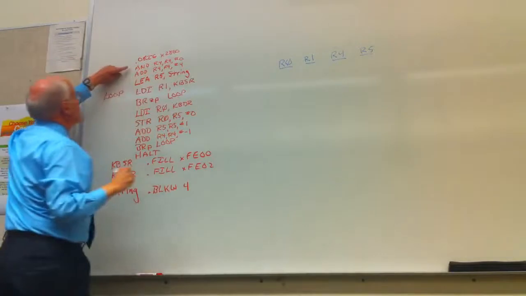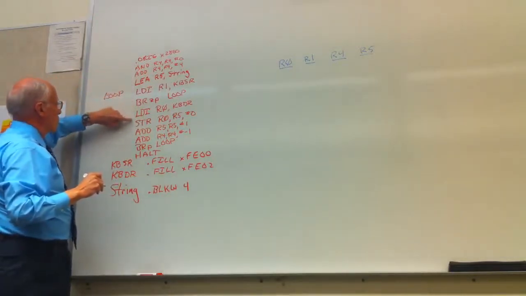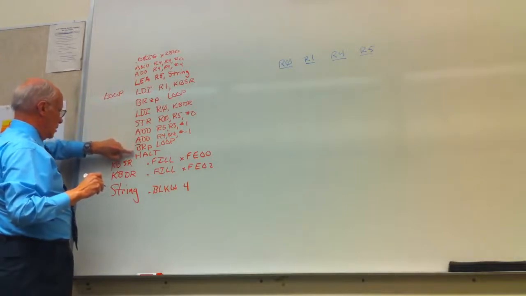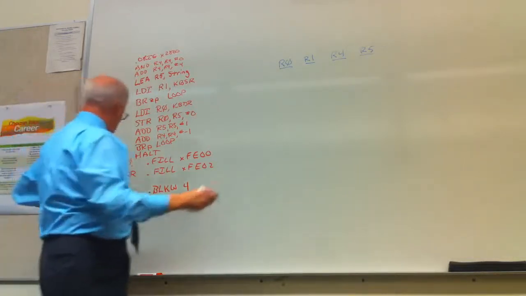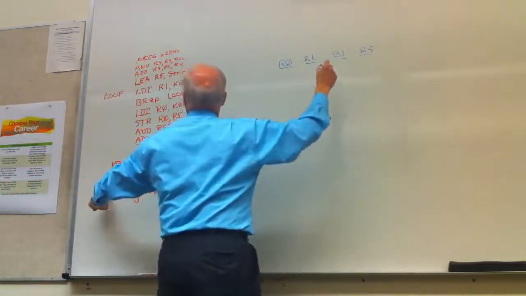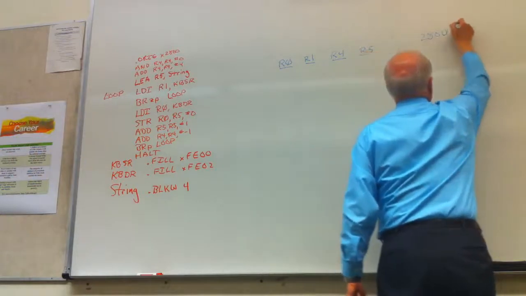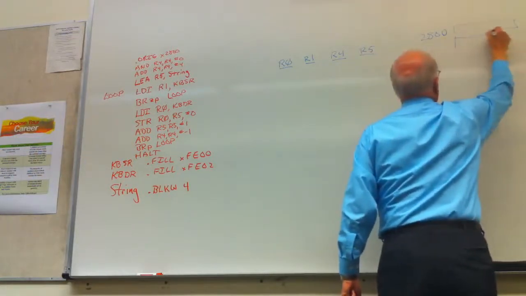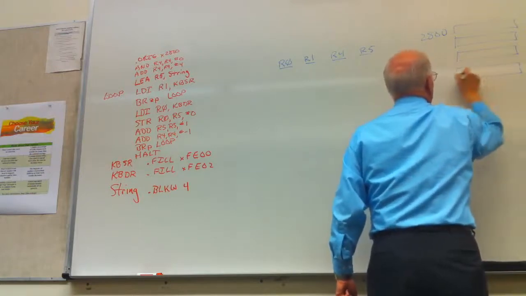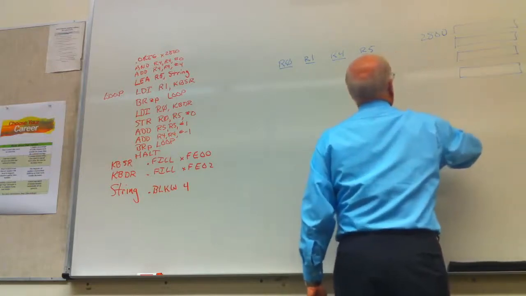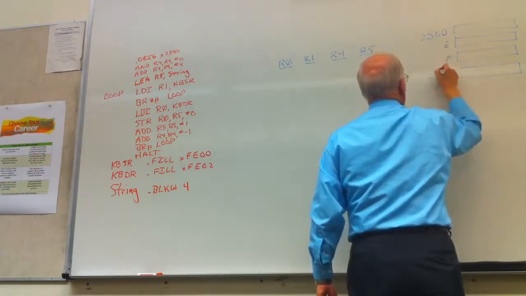Let's see, starting at 2800, there's 1, 2, 3, 4, 5, 6, 7, 8, 9, 11, 12, 13. This is 280D. Four locations there, D, E, F, 2810.